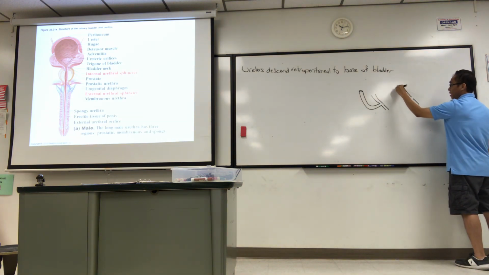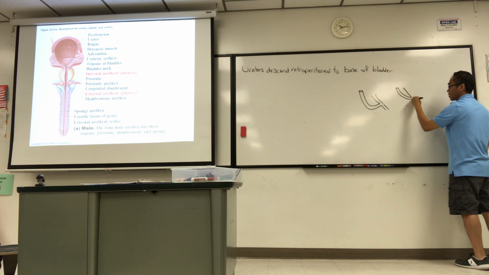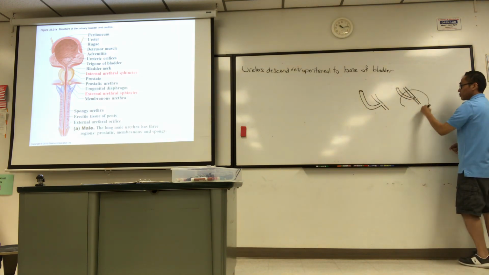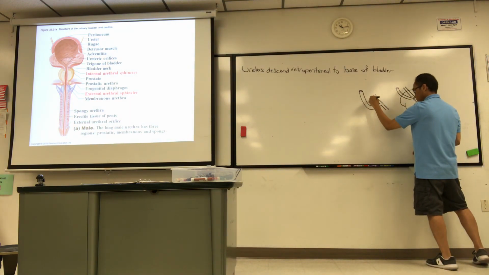See if I can draw that. So when they get there, they kind of take a little angle. This is correct. This is what they do. This is, they don't do it.